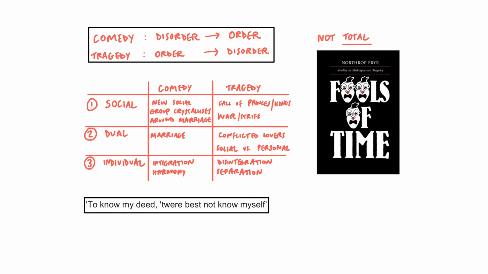In tragedy, we look at the opposite. So socially, it's going to be about the fall of a kingdom. We deal with one particular figure, the prince or the king, and his downfall brings about war or strife or the ruin of the kingdom. You might have heard the phrase, the bigger they are, the harder they fall.